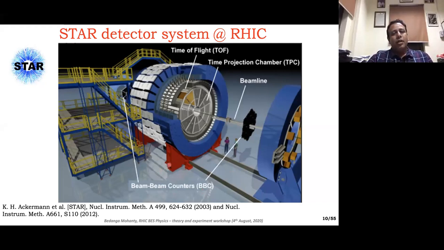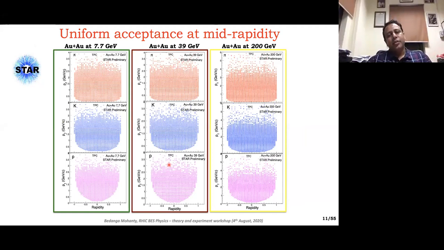Now, one of the very interesting aspects is the acceptance of the various particles that we have in the beam energy scan program. The acceptance is plotted as transverse momentum as a function of rapidity. As an example, results are shown for gold-gold collisions at 7.7 GeV, 39 GeV, and 200 GeV.